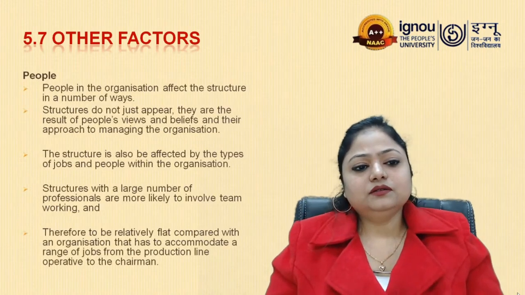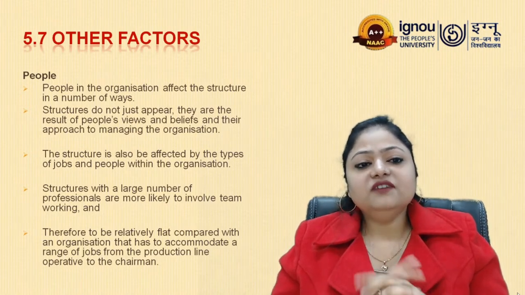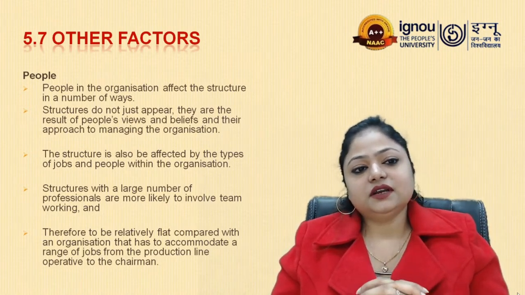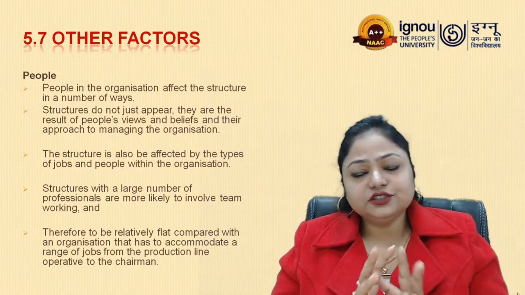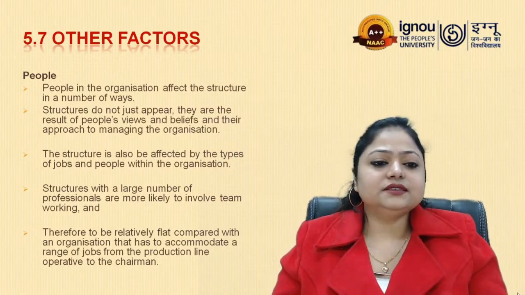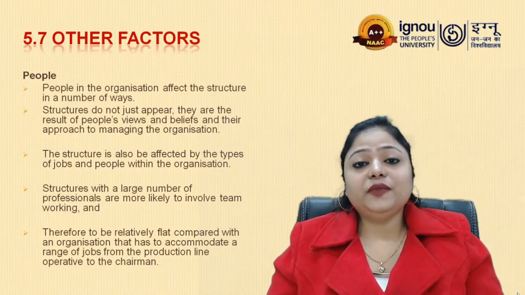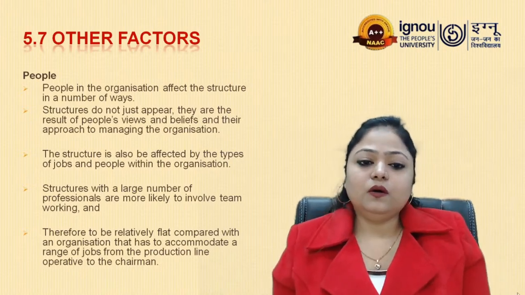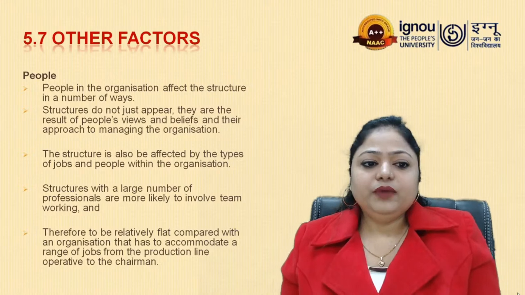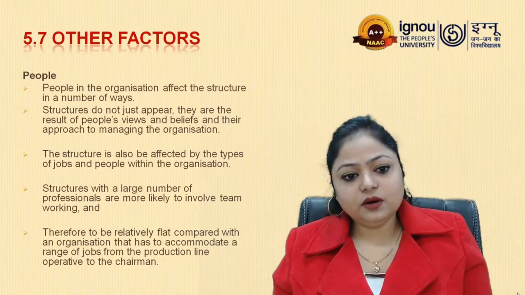Then people associated with the organization also affect the overall organizational structure. Let's see how. Organizations affect the structure in a lot of ways. Structures do not just appear, they are the result of people's views and beliefs and their approach to managing the entire organization. People here affect the organization and the jobs the people are doing in it.